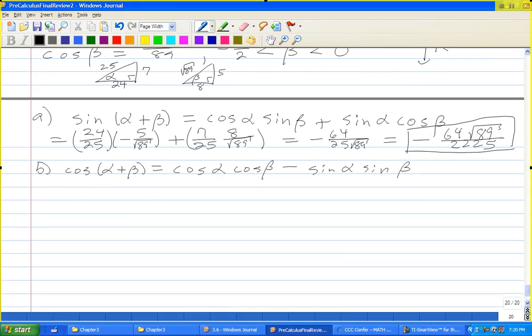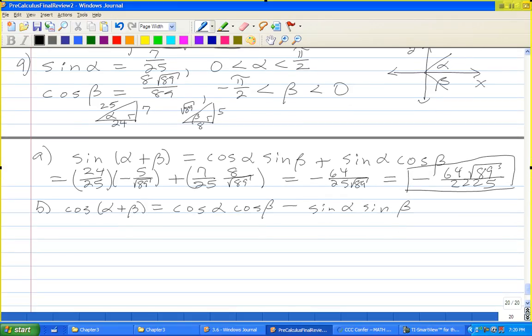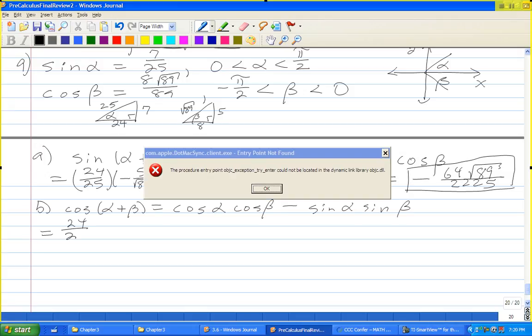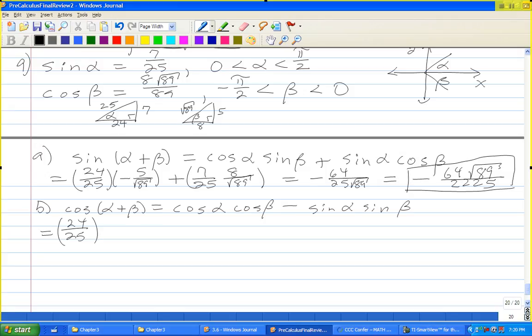Again, having to rederive this formula in my head because I can't remember it, is equal to cosine of alpha, 24 over 25, cosine of beta, 8 over rad 89, minus sine of alpha, 7 over 25, sine of beta, which is a negative 5 over rad 89.